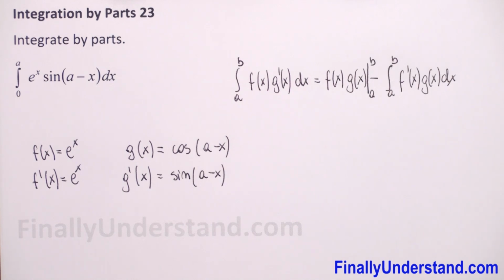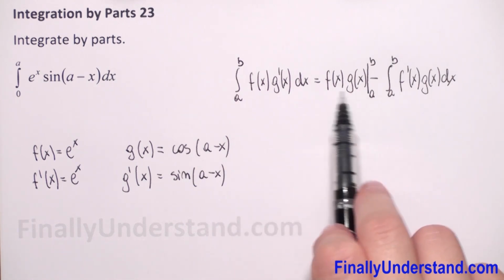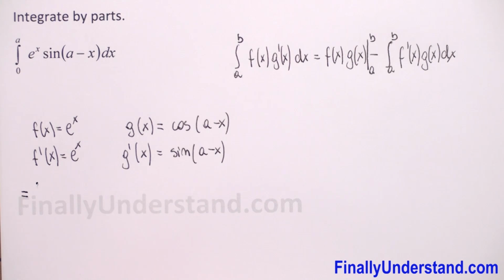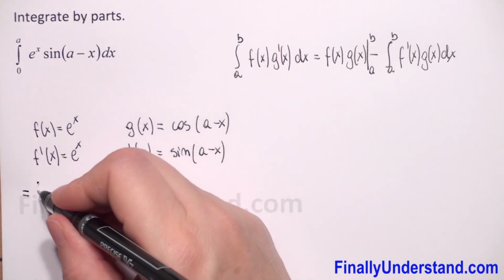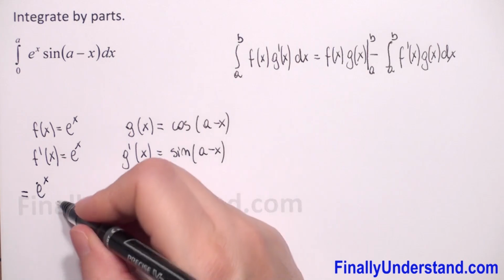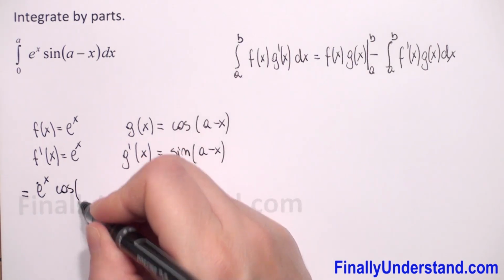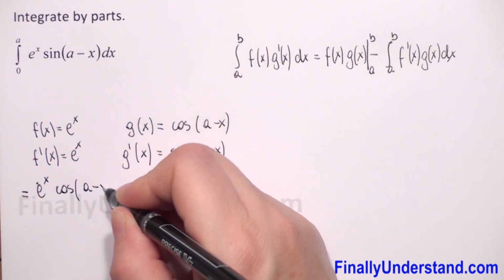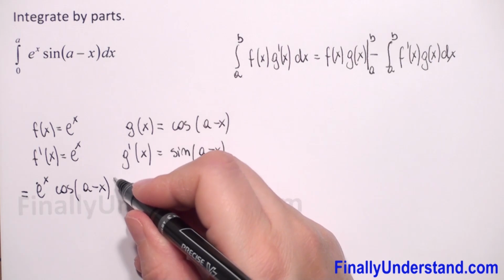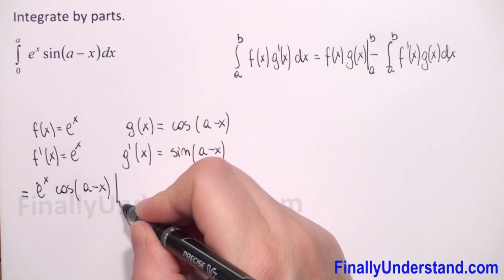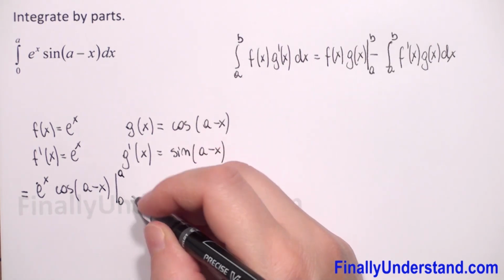Next, we have to substitute into our formula. So this is equal f times g, so we have e to power x times cosine of a minus x, and we have limits from 0 to a.